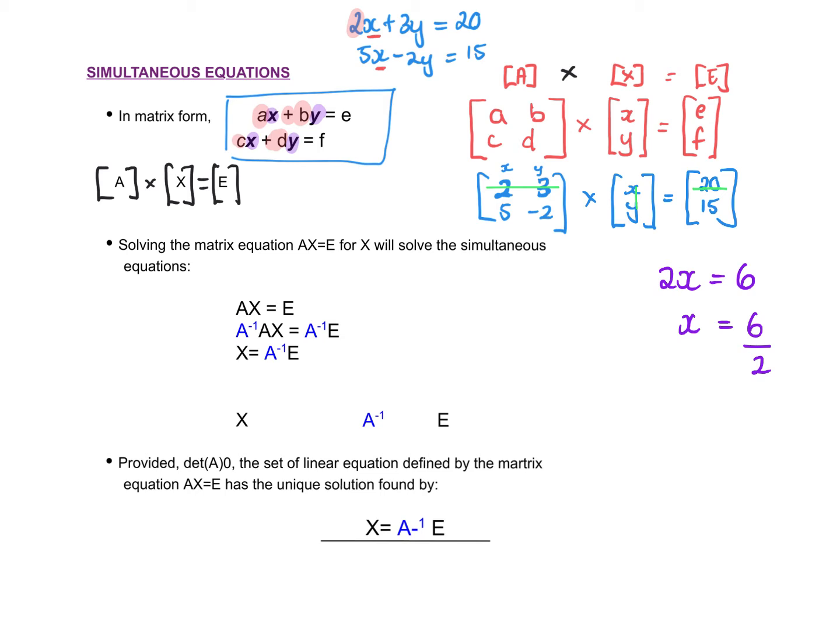So if I go back to the matrix equation that I've set up, A times X equals E, because X is our unknown, if I was going to solve it, I could bring the A over, which would be dividing.